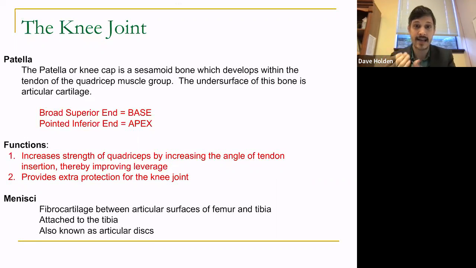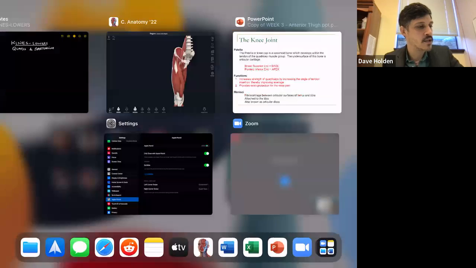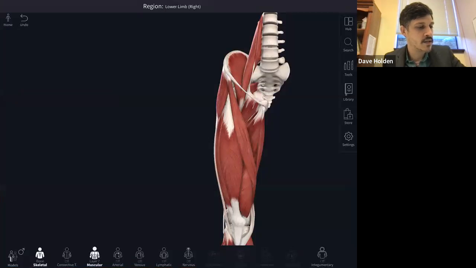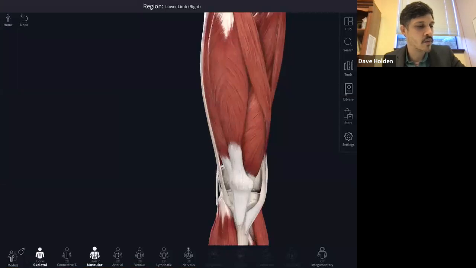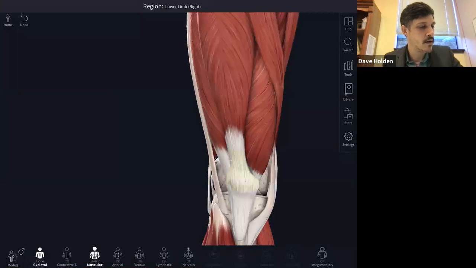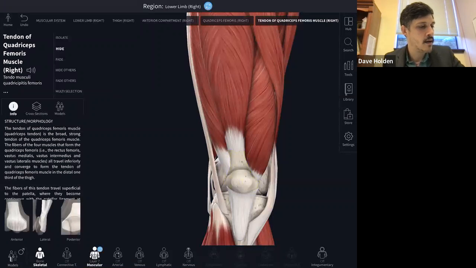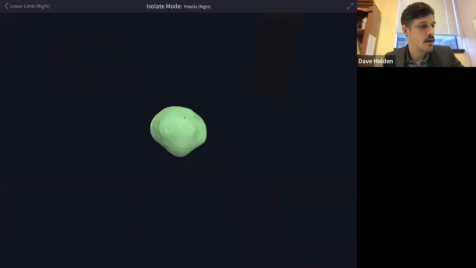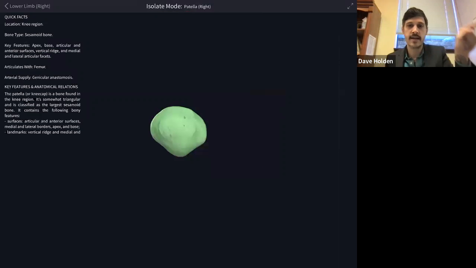The entire side is encased with articular cartilage. The broad superior end is called the base. So I'm just going to flip over here so we can take a look at it real quick. So the superior end is called the base. The pointed inferior end is called the apex.